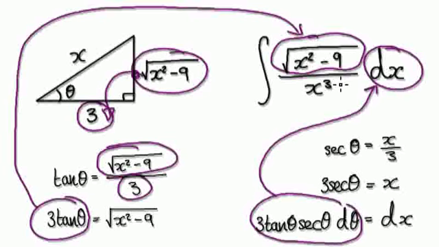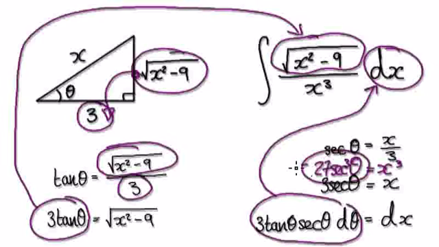Now you've got to take care of x to the power 3. Go back to here. If x equals this thing here, cube both sides. That will give you 27 secant to the power 3 theta. Now we can put this into here.